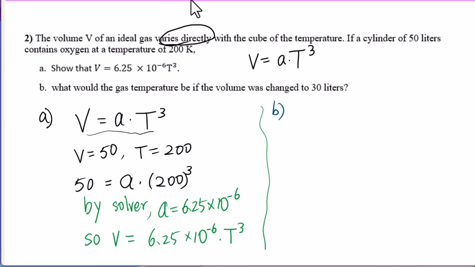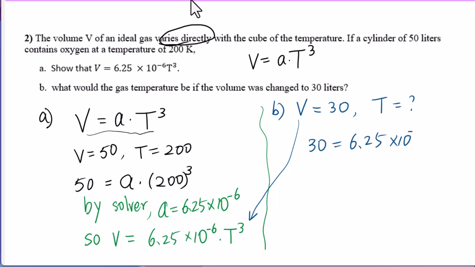What would the gas temperature be if the volume was changed into 30 liters? We are given V equals 30 liters. We are looking for T. Now, we will use this formula. 30 equals 6.25 times 10 to the negative 6 power times T to the third power.